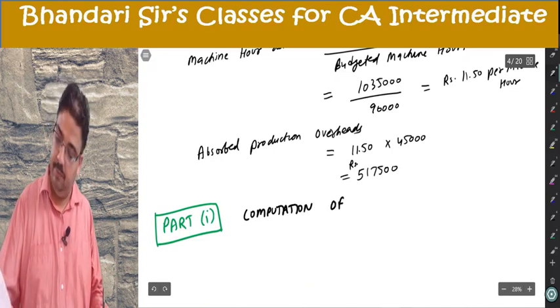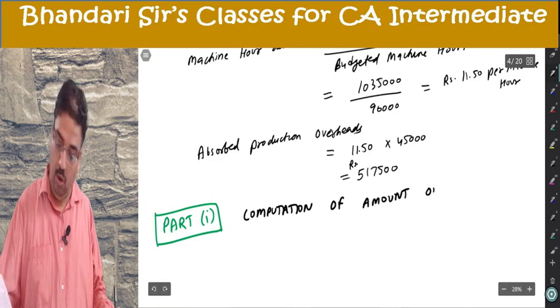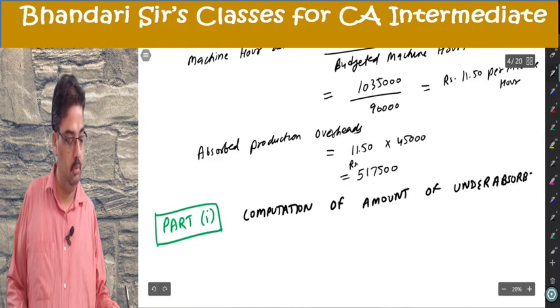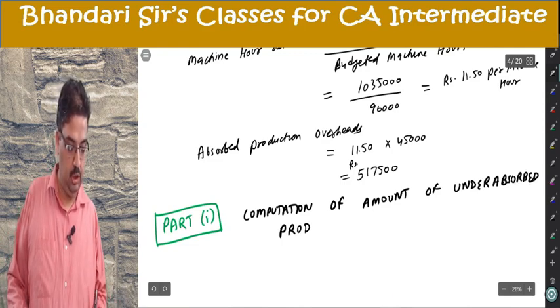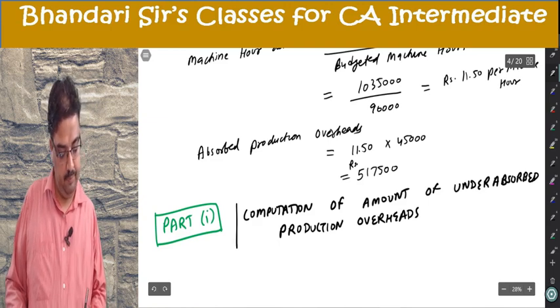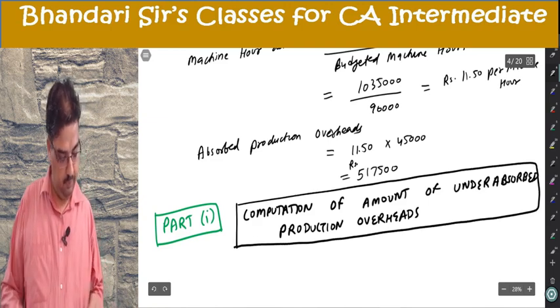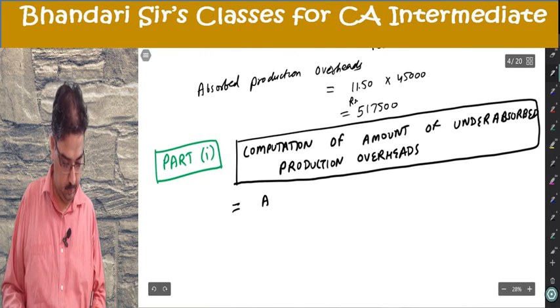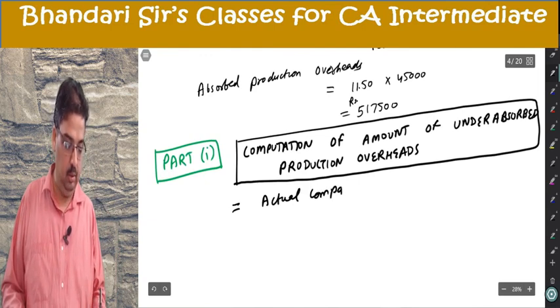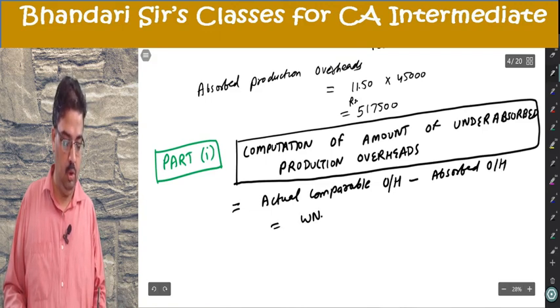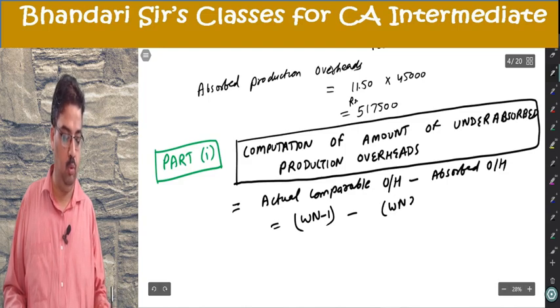Computation of amount of under absorbed production overheads is equal to actual comparable overhead minus absorbed overhead, which is working note 1 minus working note 2 values.